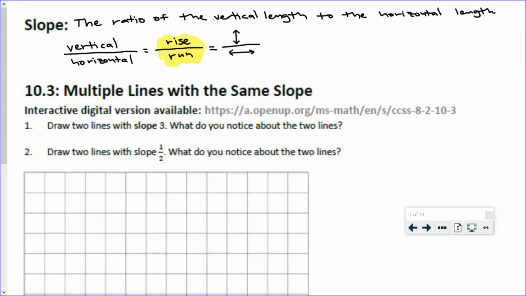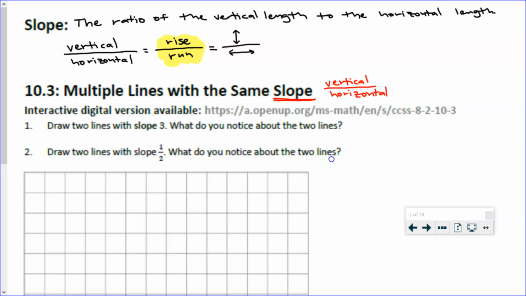Multiple lines with the same slope. That's that word from right here. So when I see this right here, this slope, I'm immediately going to be thinking and writing vertical divided by or over horizontal. And we're actually going to start here with number 2, where it says draw 2 lines with slope of 1/2. And here's what I'm going to do with that information.